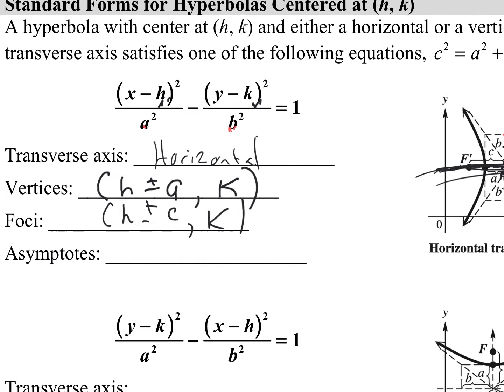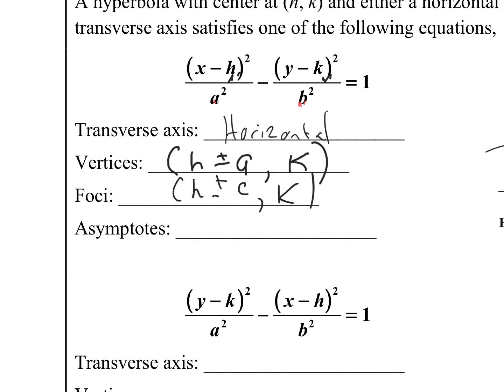The slope can be both directions. So y equals plus or minus B over A, times x minus h, because the h is connected.